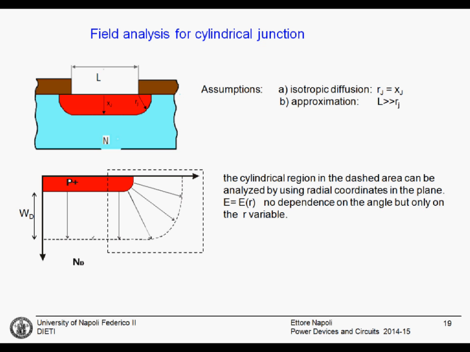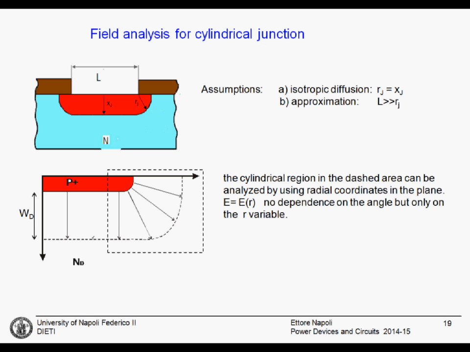Let us imagine that this is the diffused region. In the case of a cylindrical junction, we neglect the spherical junction at the corners. We imagine that the diffusion is isotropic, that is, this thickness is equal to the radius of the curved junction here. This is not exact.